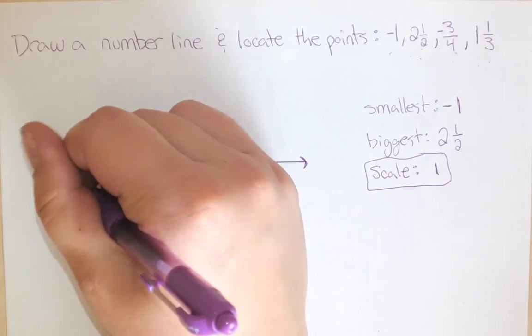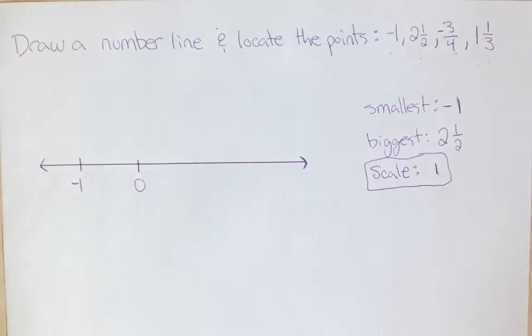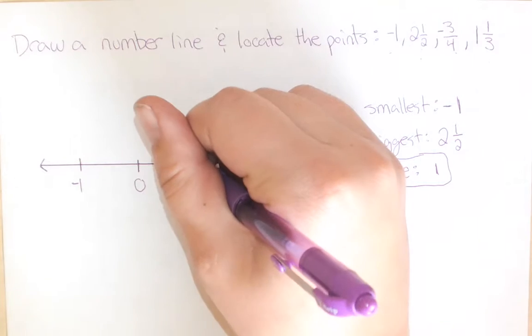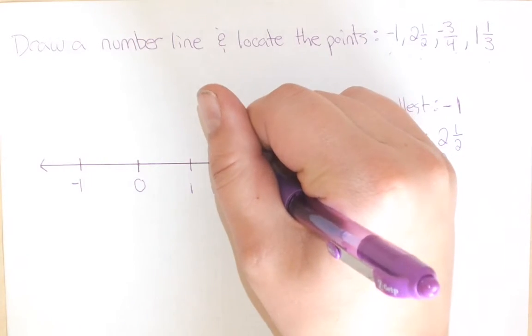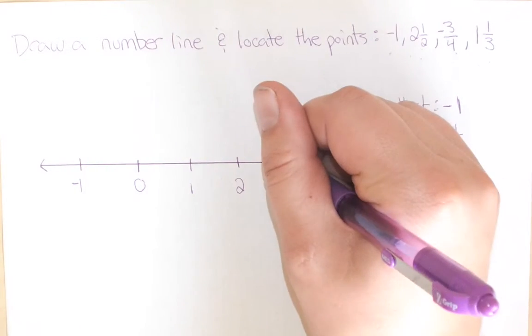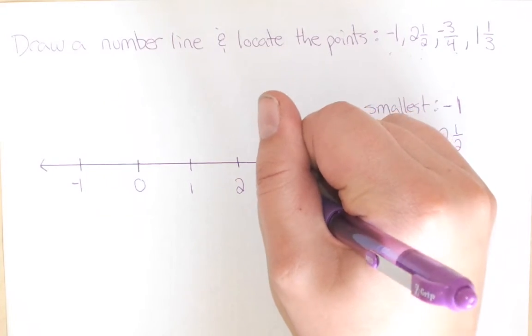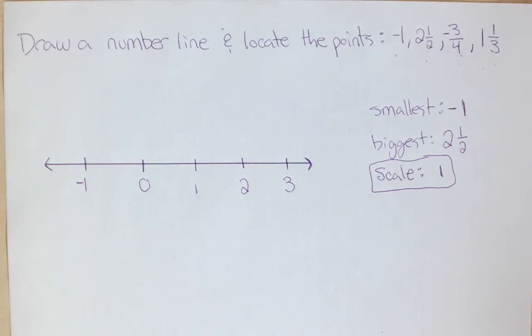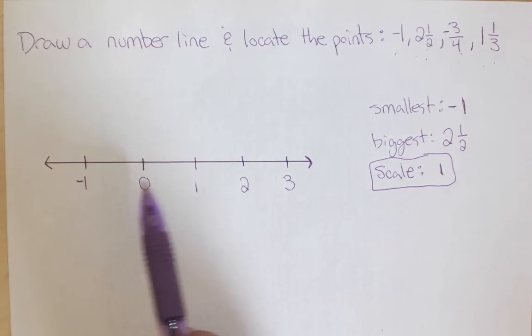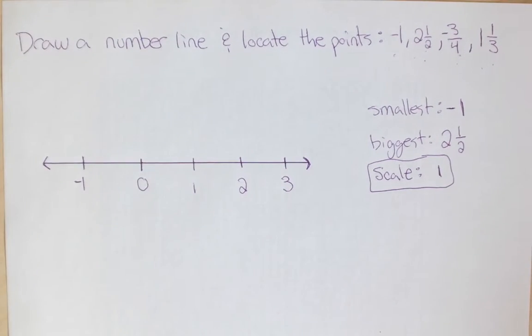I'm actually only going to do -1 on this side. I don't need to include the -2. I have 1, 2, 3. Notice I didn't use a ruler, didn't use any tool. I kind of eyeballed. They're not perfectly spaced evenly, and that's okay. This is just a quick sketch of where these different things are.